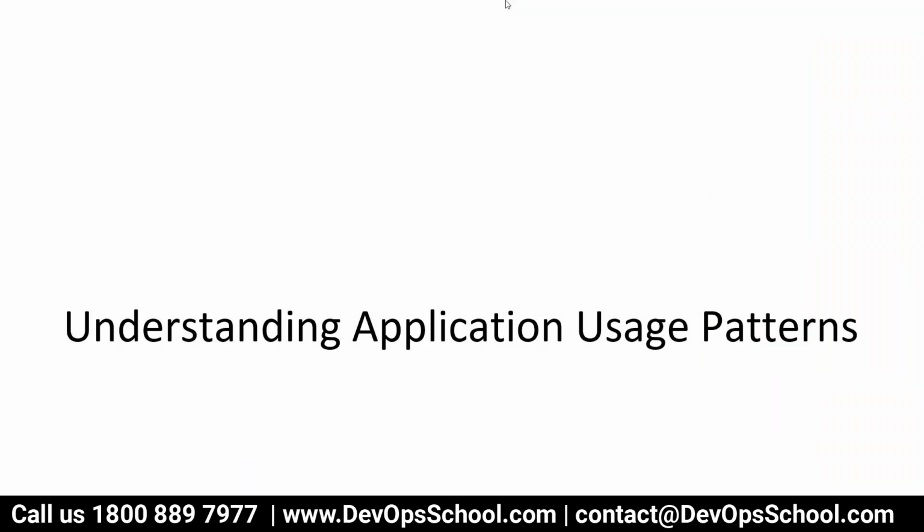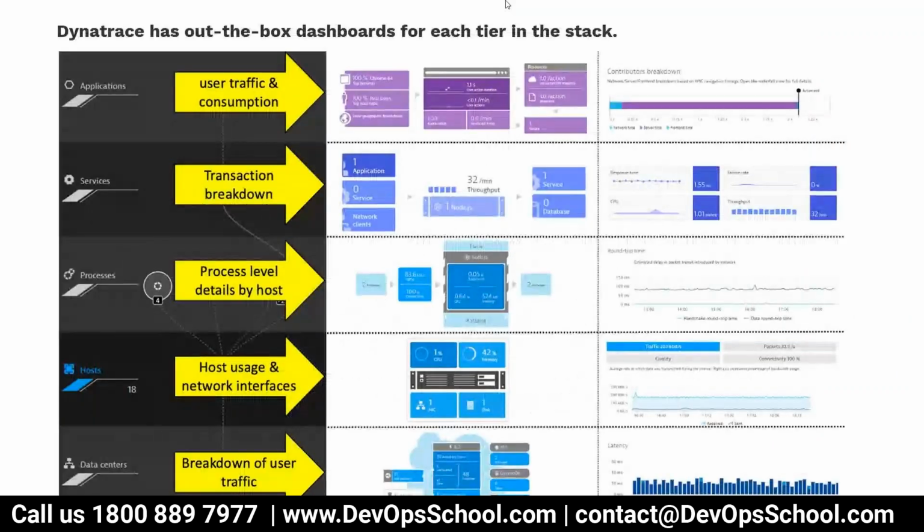Okay, so in order to analyze, this is the Smartscape view, and here you see what kind of information you have. So you have applications, user traffic, and consumption. Top, if you can read it, 100% Chrome 64 top browser.